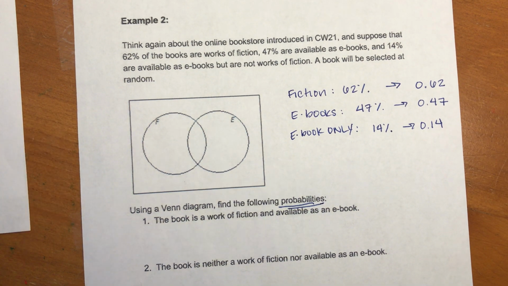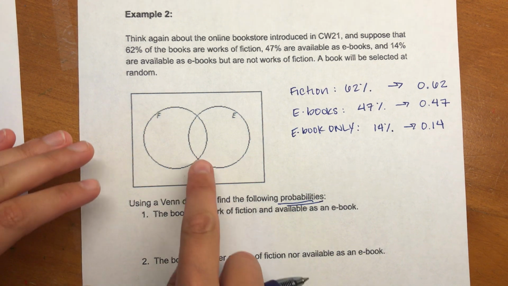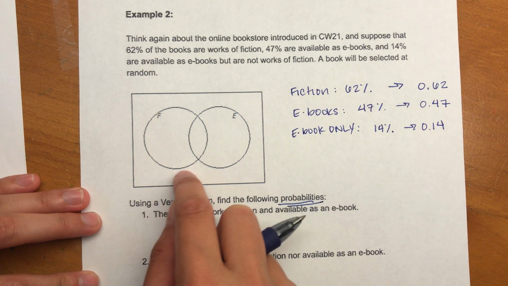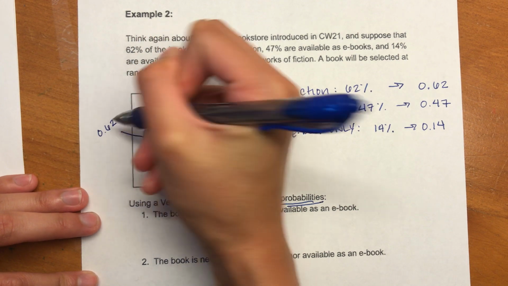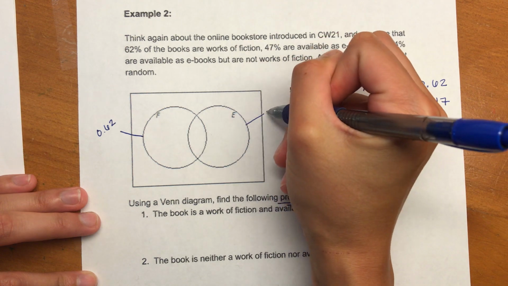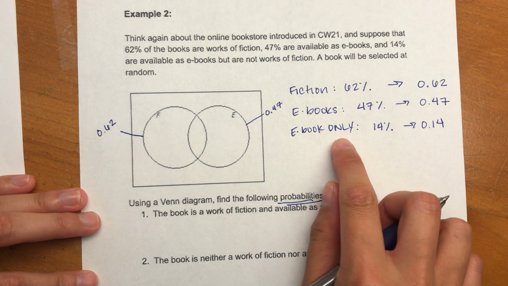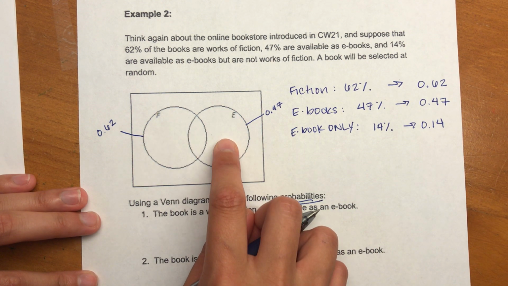Okay, so we've been given different information here than in the first example. We don't know the both number, but we know the fiction, which is this whole circle, that'll be 0.62. The ebooks, which is this whole circle, will be 0.47. And then the ebooks only, so ebooks but not fiction, is 0.14.